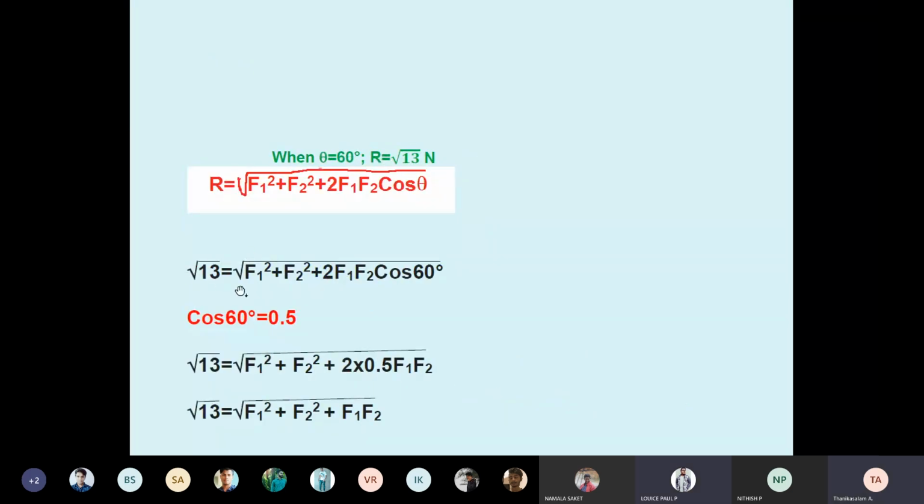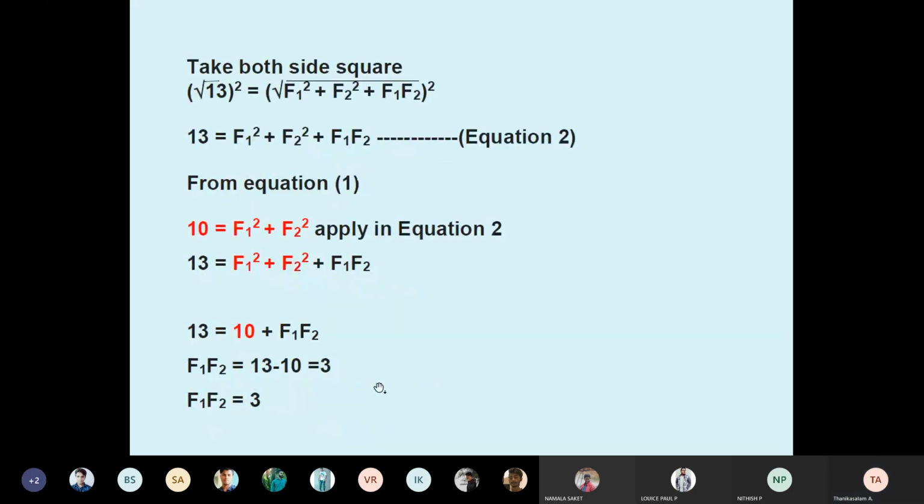Therefore, square root of 13 equal to square root of F1 square plus F2 square plus 2 F1 F2 cos 60 degrees. What is cos 60 degrees? 0.5. Apply here. So square root of 13 equal to square root of F1 square plus F2 square plus F1 F2. Take square on both sides. Therefore, 13 equal to F1 square plus F2 square plus F1 F2. Equation 2.